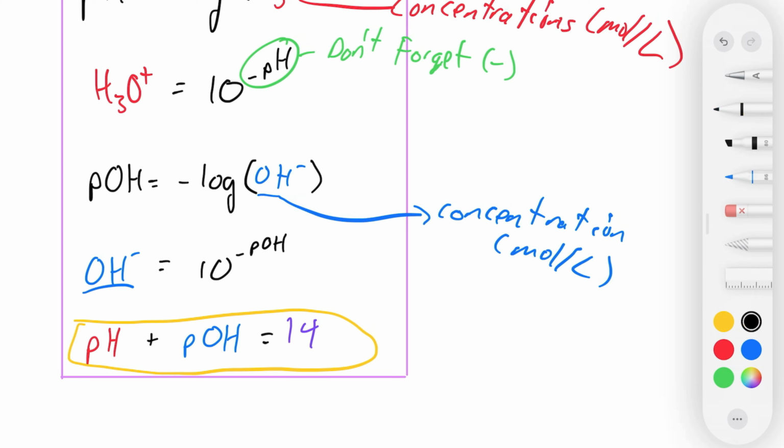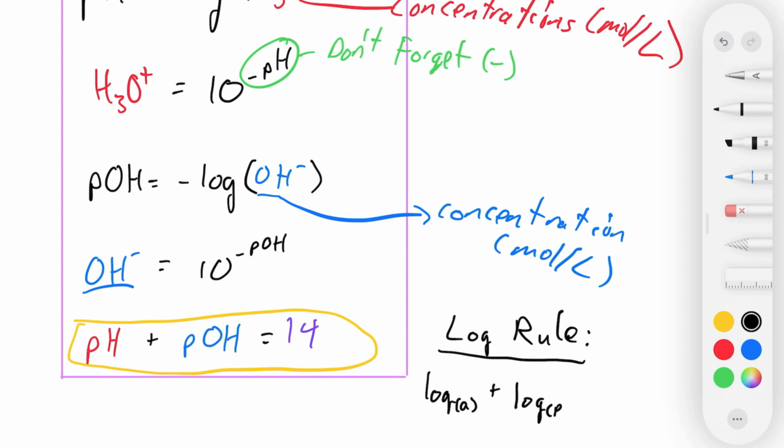And one of the rules in logarithmic functions, and this is a good little math preview for those that are going to go into Math 30, is that log with base A plus log with base B is equal to log A times B.